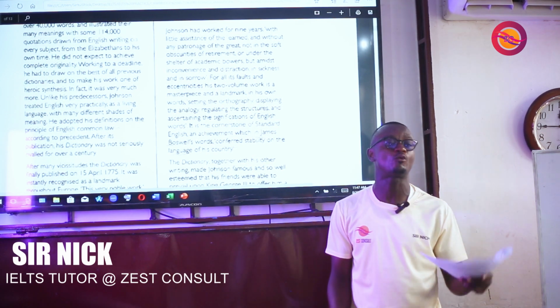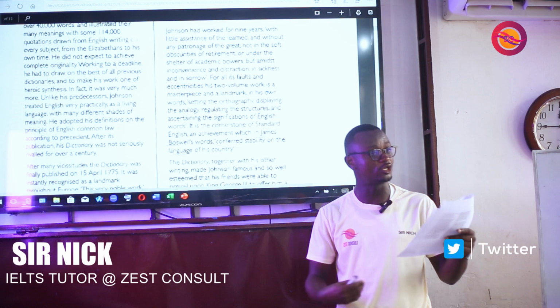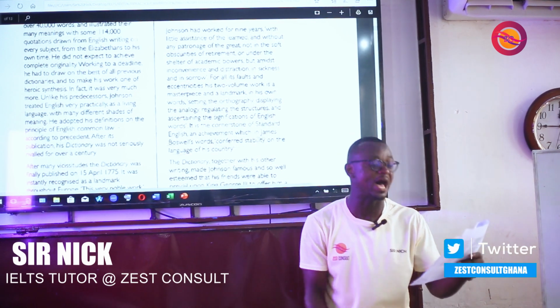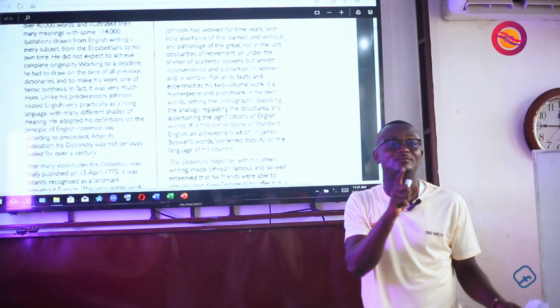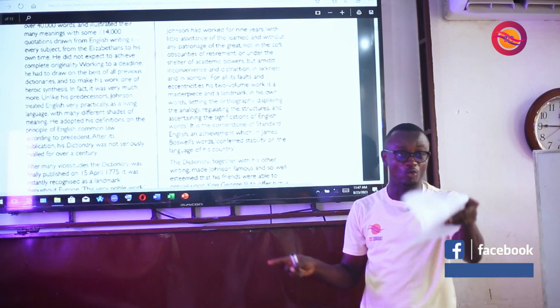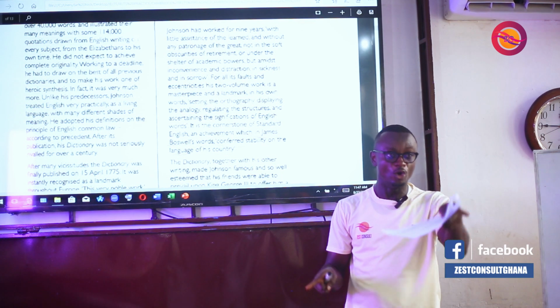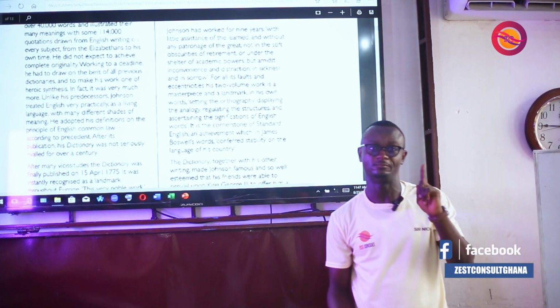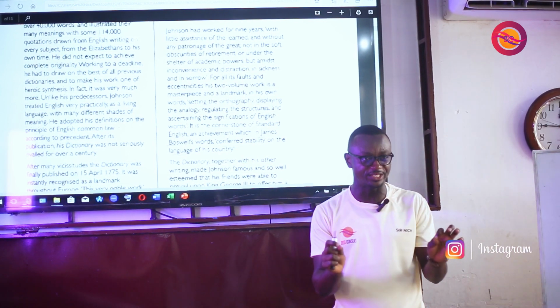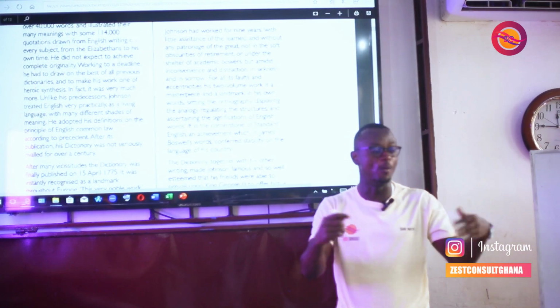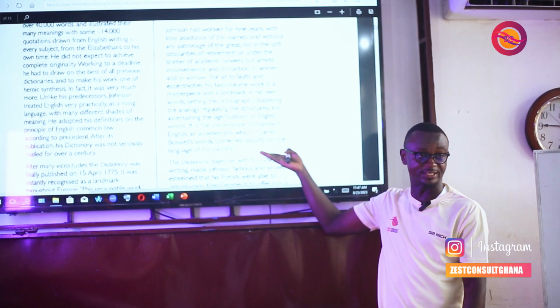So the question says that according to his biographer, James Boswell, Johnson's principal achievement was to bring what? Stability. Now don't forget that it is confer stability. To confer means to bring. So even though the instruction says choose no more than 2 words, it is 2 words here.